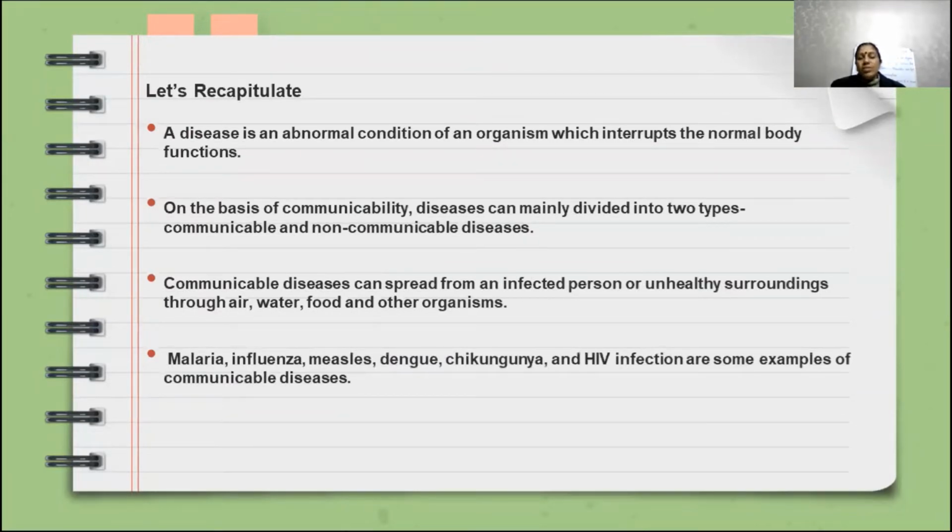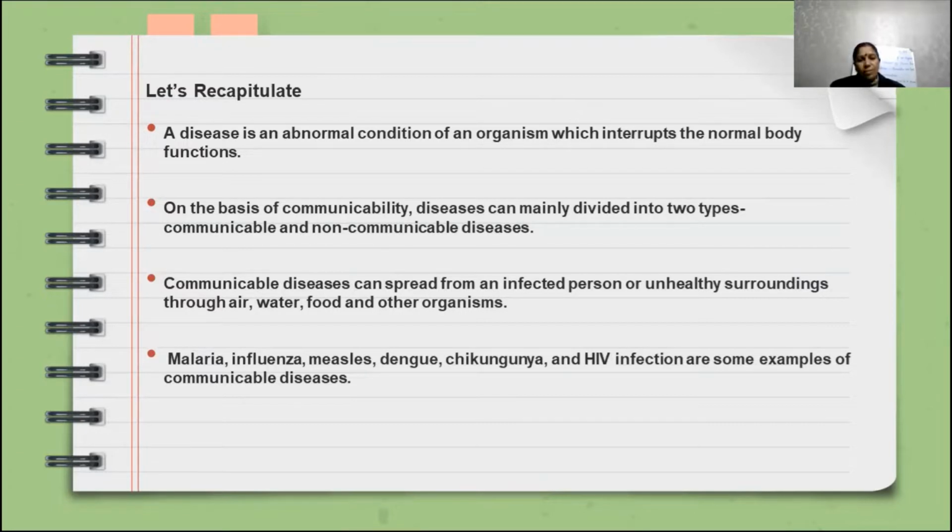First is disease. A disease is an abnormal condition of an organism, and this abnormal condition will cause different kinds of imbalance in our body functions. On the basis of communicability, disease is divided into two types: communicable diseases and non-communicable diseases.